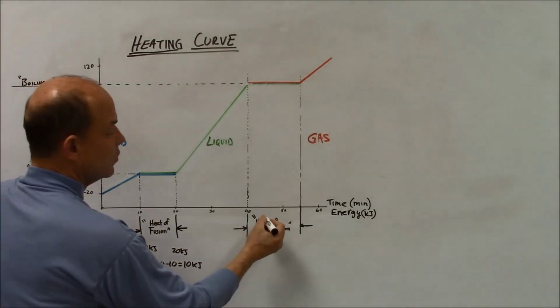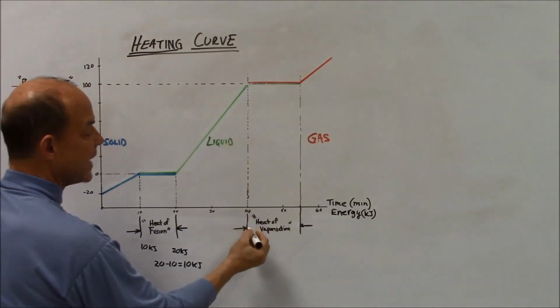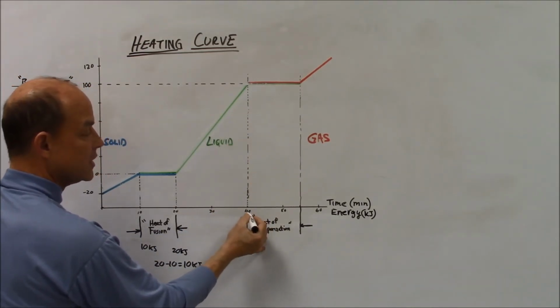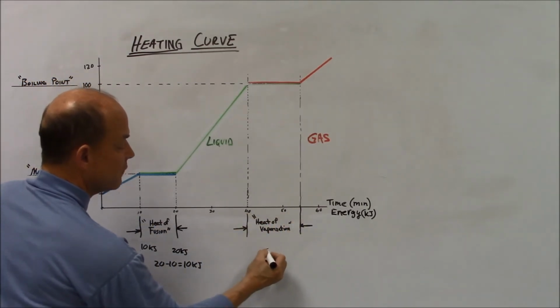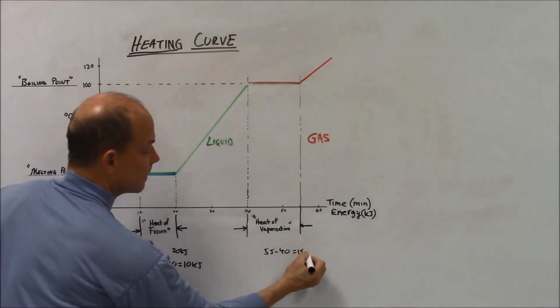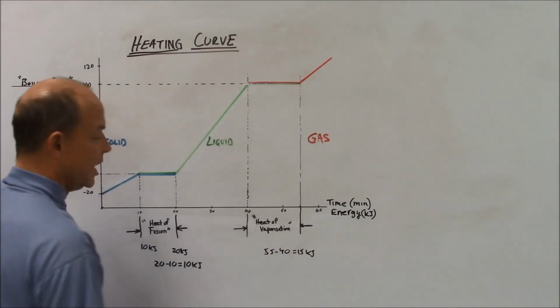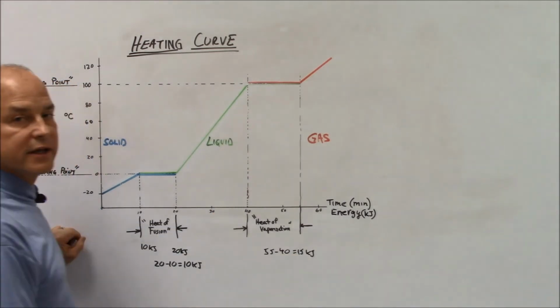Likewise, the liquid started turning into a gas at 40 kilojoules, and it was all gas at 55 kilojoules, so the final minus the initial, it took us 15 kilojoules of energy to turn all the liquid to gas.